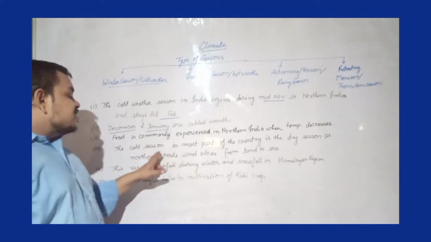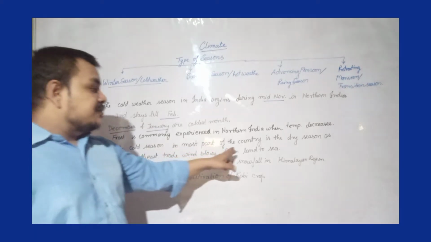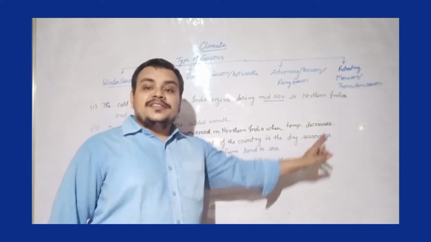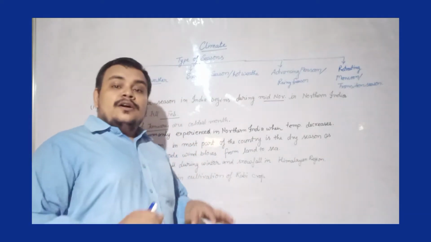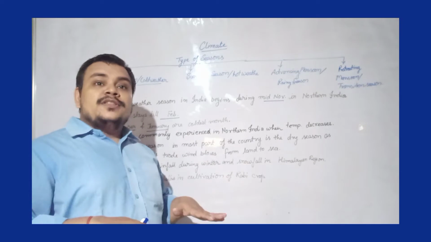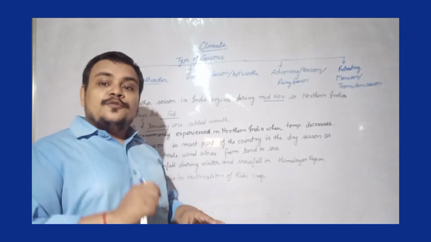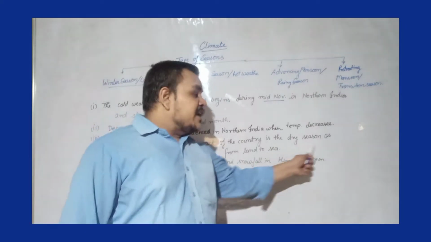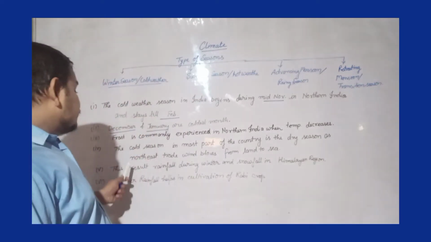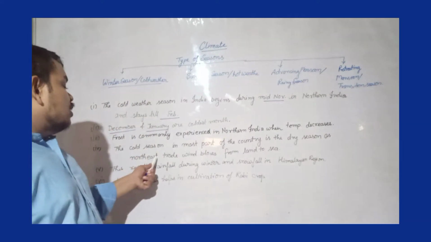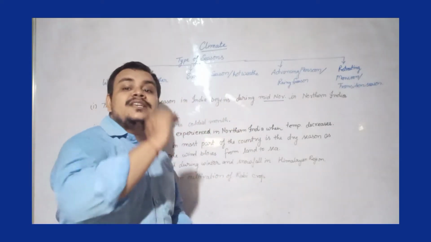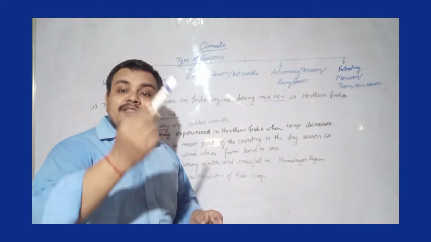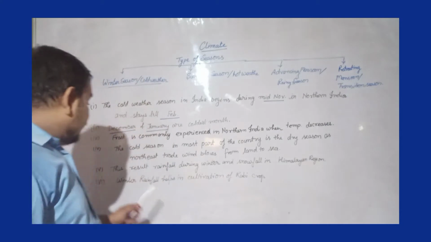In the cold season, most parts of the country have a dry season. It is clearly given that whenever water comes in the form of frost, in the frozen form, then it will be a dry season. The reason is that the northeast trade wind blows from the land to the sea, and it gives rainfall.